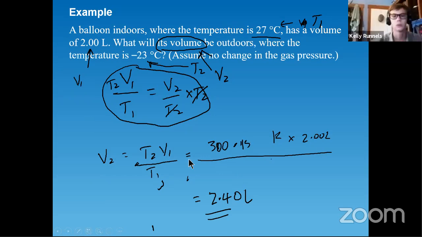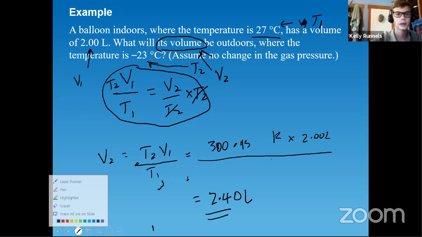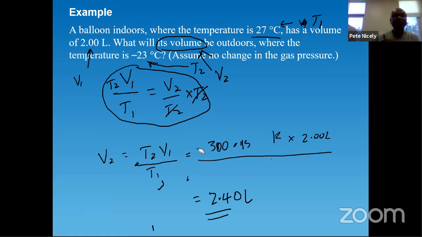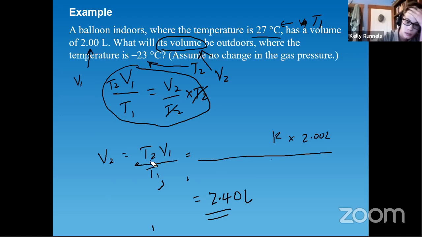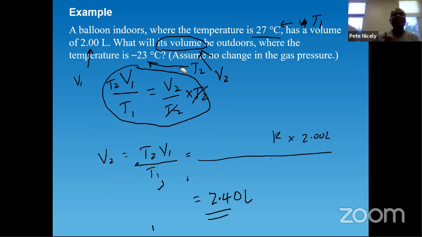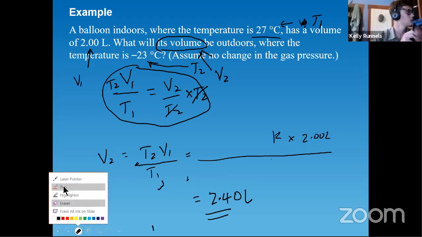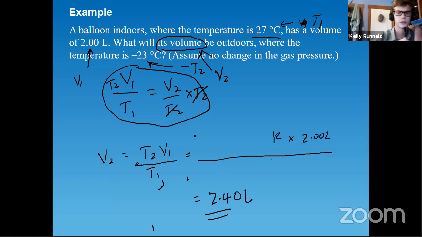Yeah. No, that should be on the bottom. T1 is on the bottom. Okay, hold on. No, wait. T2, right? Is the minus 23, right? So that should be 250.15.